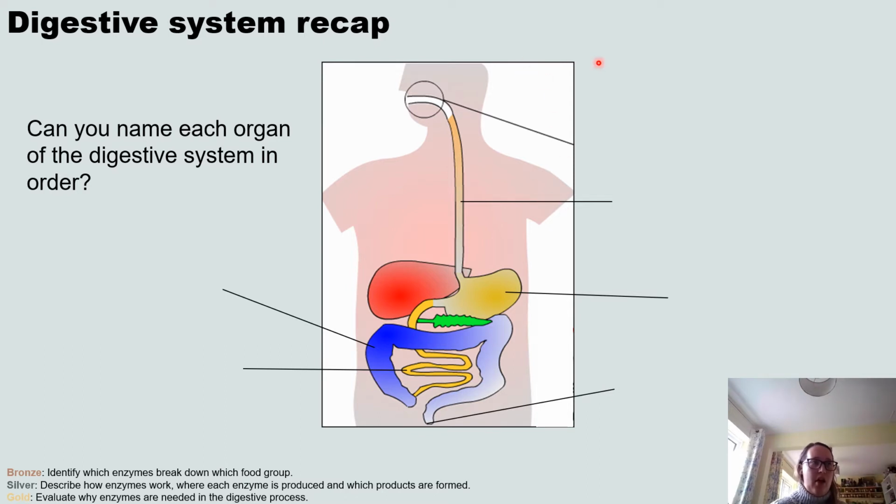Do 1 to 6 in your books and then write down the names of these. Around 10 more seconds.